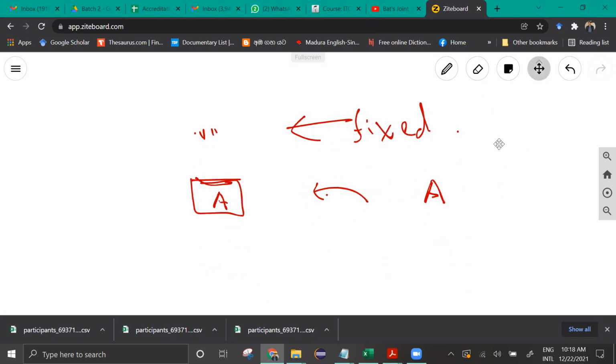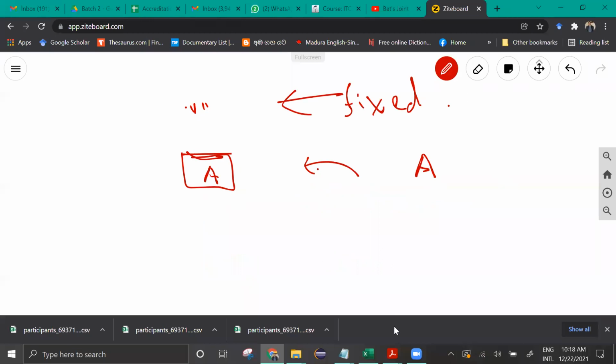So then in the next iteration, it creates a new array. So now the size was 0, then size 1, and then the size is the previous size plus 1. So size is 2.